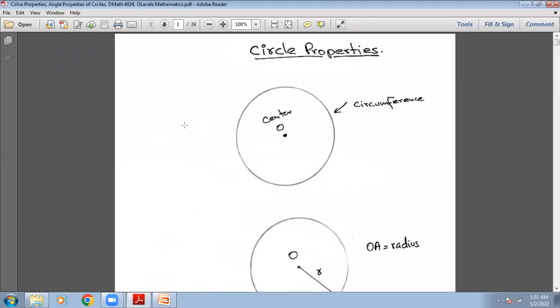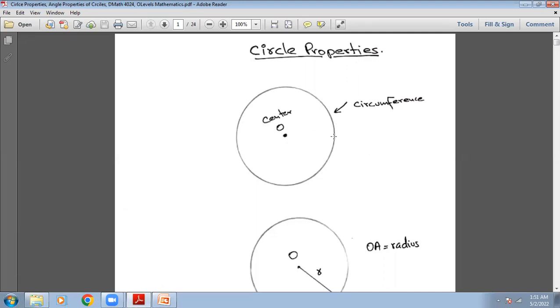The very first thing which I want you to understand is that it's a circle, and this is the center of the circle. The perimeter or boundary of the circle is known as the circumference. This point here is the center of the circle.